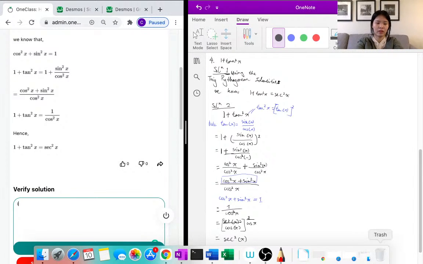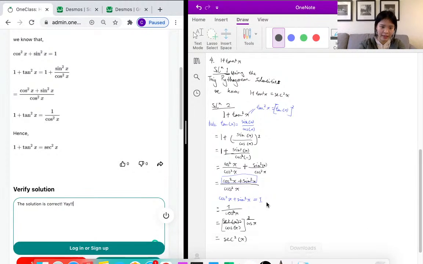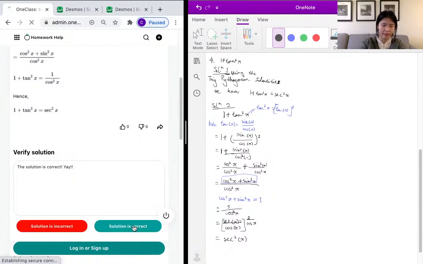It's a lot more disorganized, but the solution is indeed correct. So let's just say the solution is correct. Perfect. Now let's move on to our next problem.